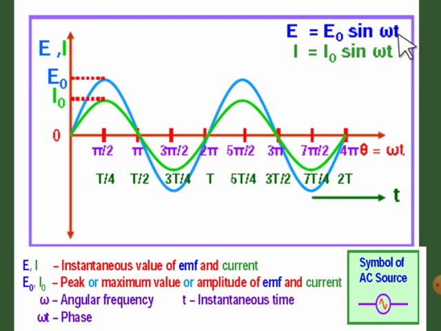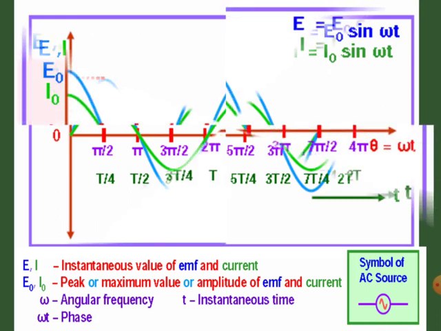But if there is some difference here, then we say there is a phase difference of that much angle. The symbol of AC source is denoted by a circle with a sinusoidal waveform inside it, representing AC EMF or AC current, or simply an AC source.